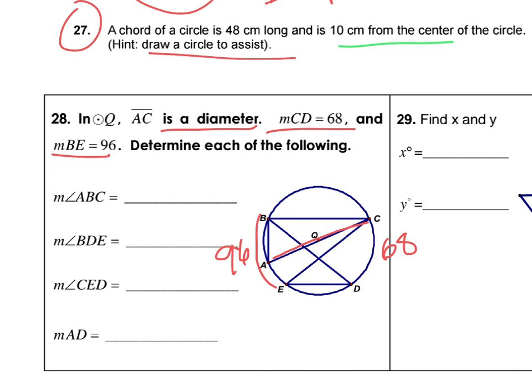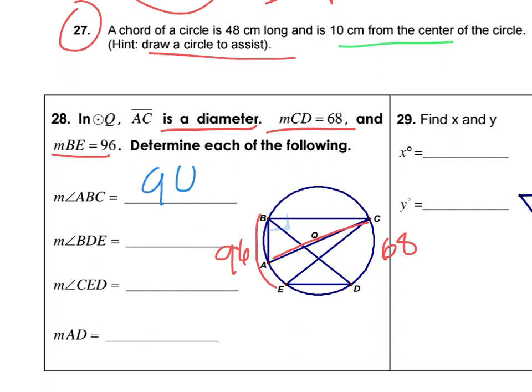So one of the angles they ask you to find is angle ABC. With that angle, we should be using the fact that we see an inscribed angle there, which is the semicircle, and because you have a diameter, that means that's 90.